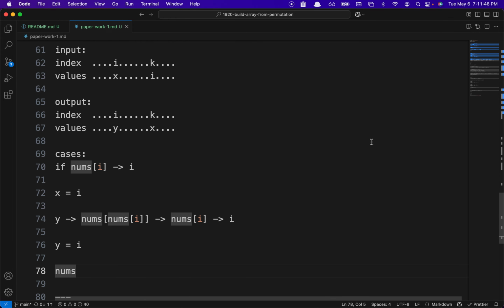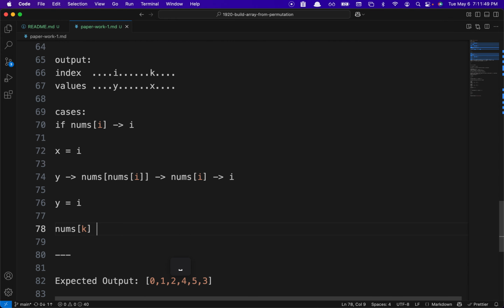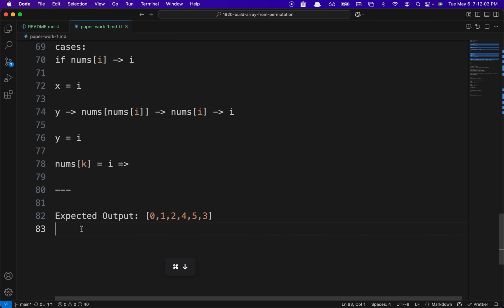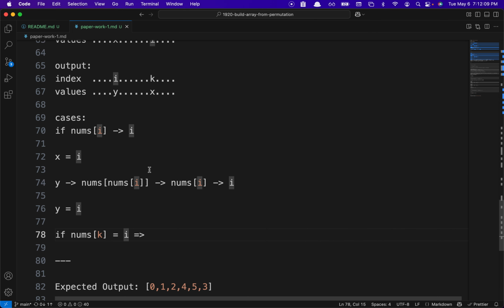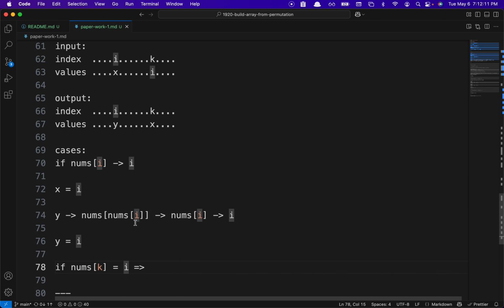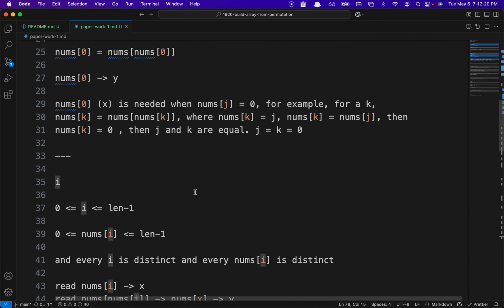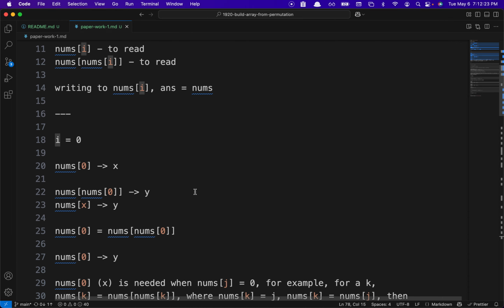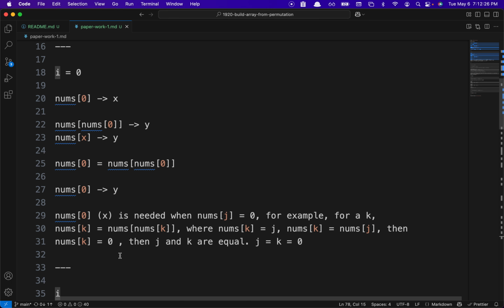Nums of k equal to i means k equal to i. It's possible because only one person can have the value, like in the initial thing, in the output. I should just start using it, it's easier to understand.